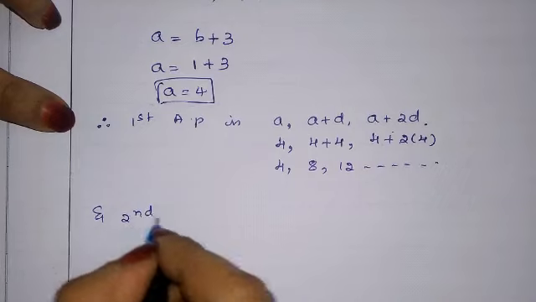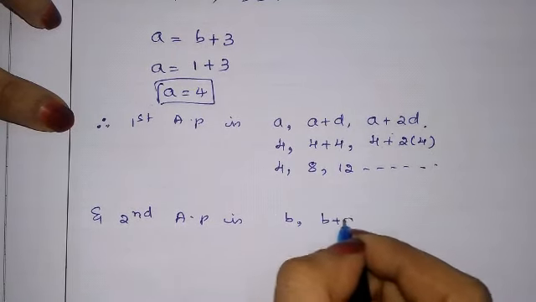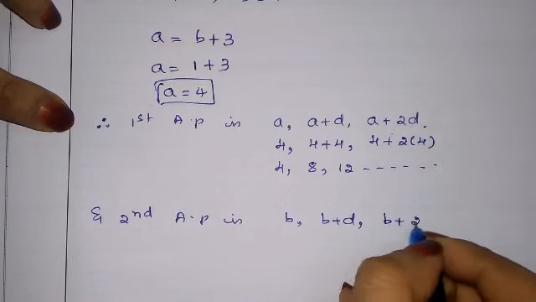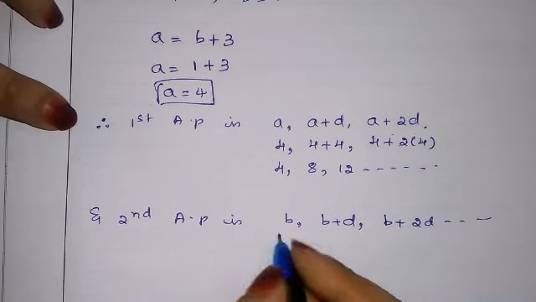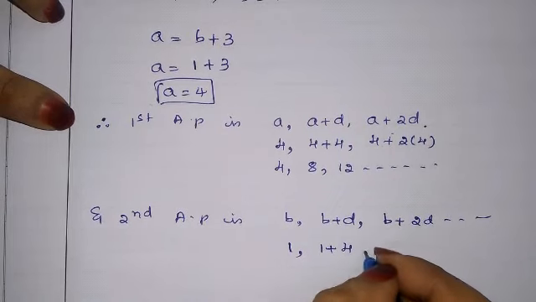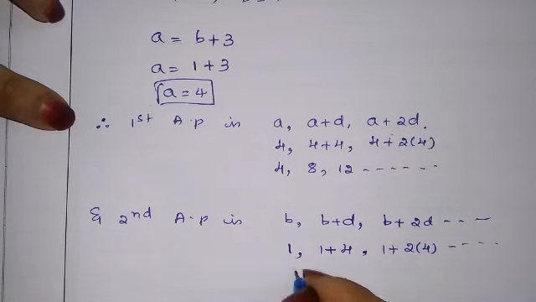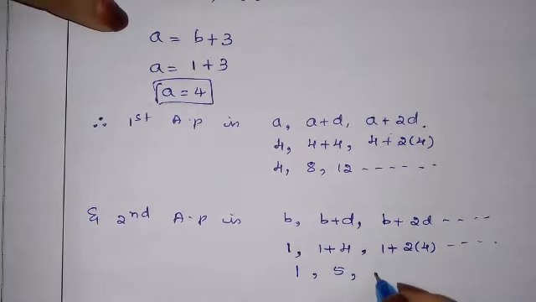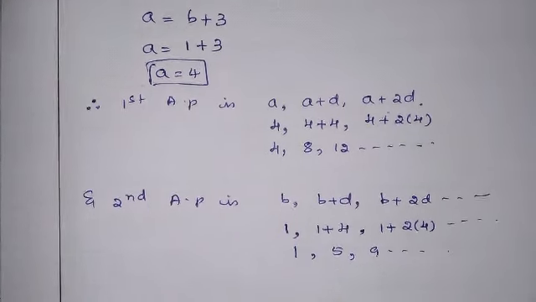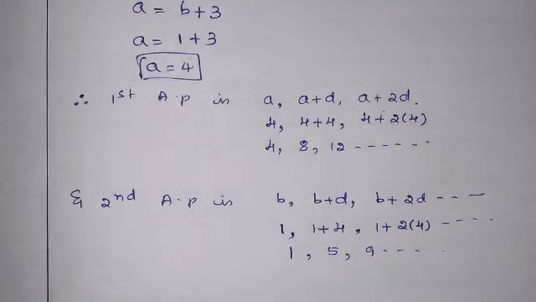And the second AP is B, B plus D, B plus 2D, and so on. B is 1: 1, 1 plus 4, since the common difference is the same, 1 plus 2 into 4, that is 1, 5, 9. So we got the first AP as 4, 8, 12 and the second AP as 1, 5, 9.